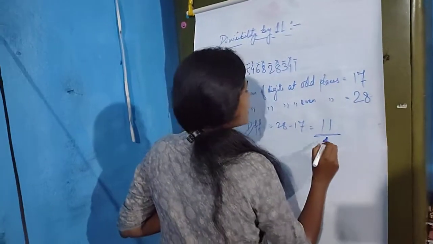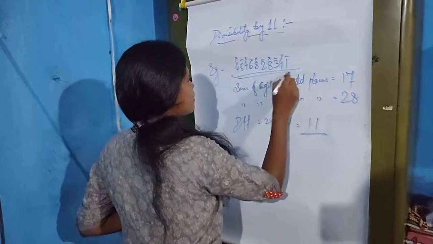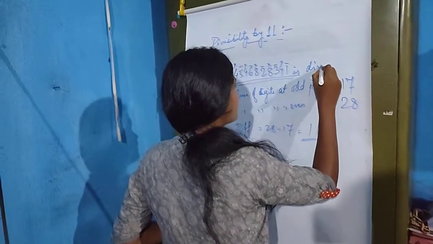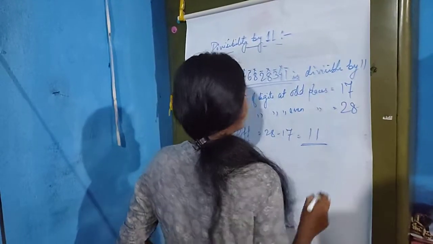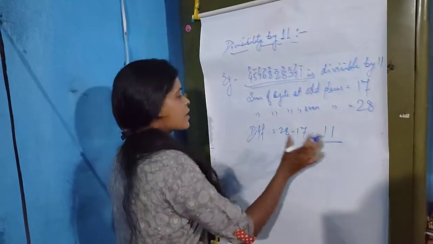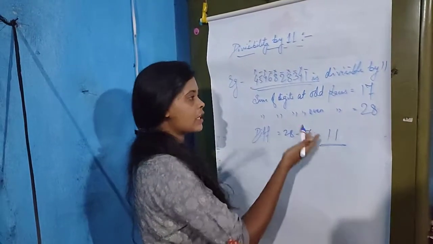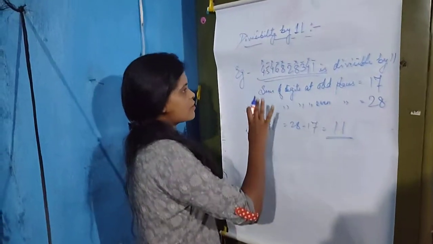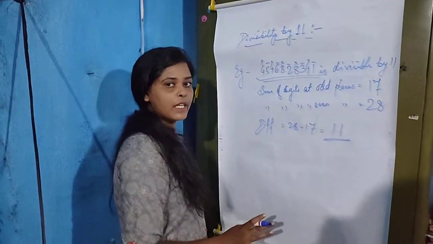So you can see that it is divisible by 11. So this number is divisible by 11. So if either 0 or 11 comes as the difference, both conditions are there for divisibility by 11.